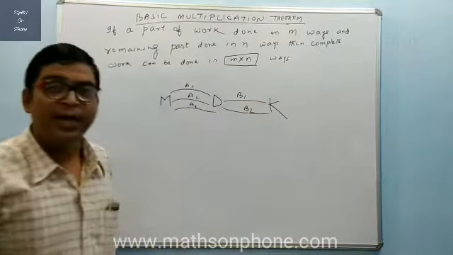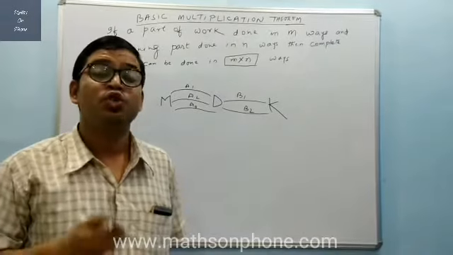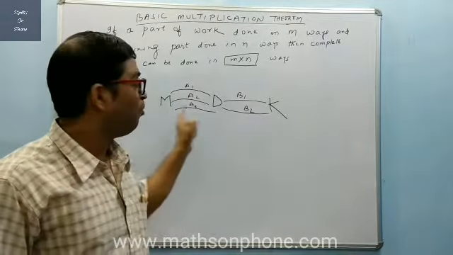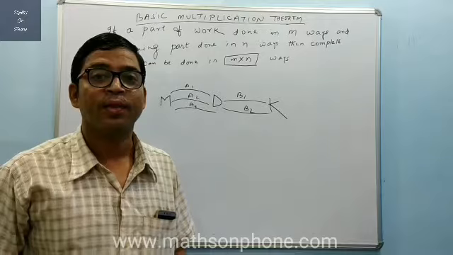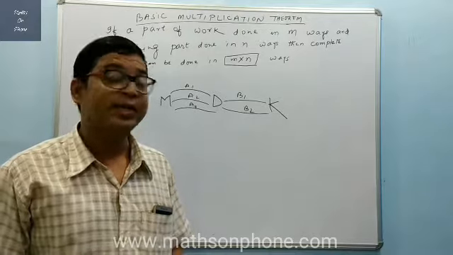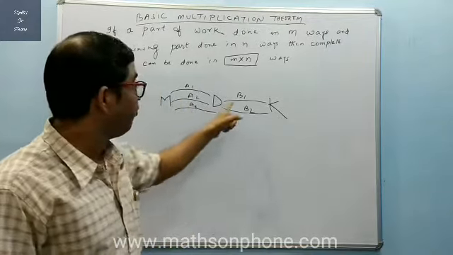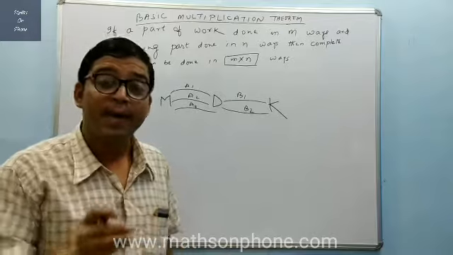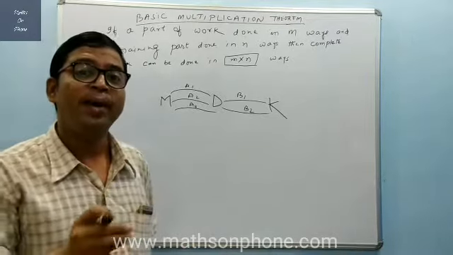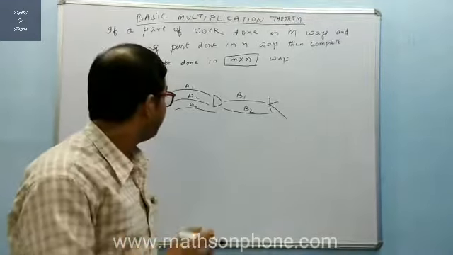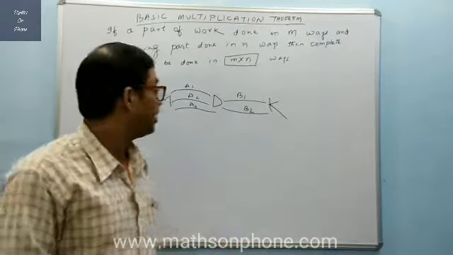Can you tell me in how many ways, total ways, we can go from Mumbai to Kolkata? I have seen that students say this is 1, 2, 3, 4, 5 ways. But actually see how many ways he can reach from Mumbai to Kolkata.